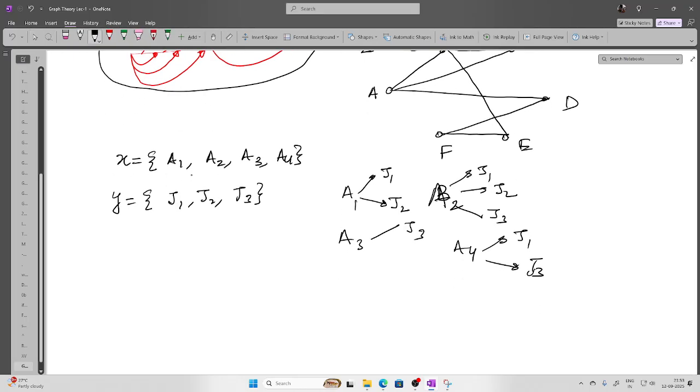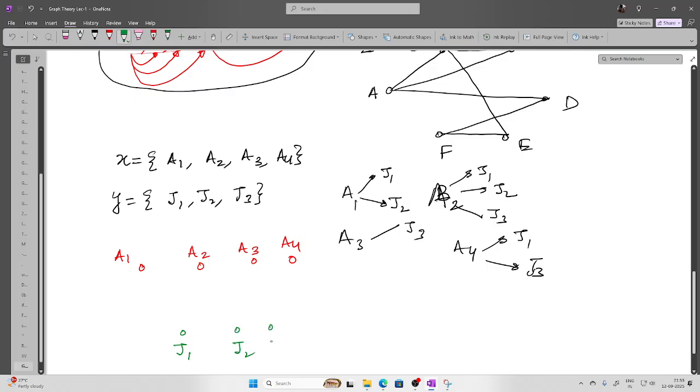So I have these as applicants and these as jobs. I can make certain nodes saying that these are representative of applicants and these are, let's say, jobs. Job 1, job 2, and job 3.